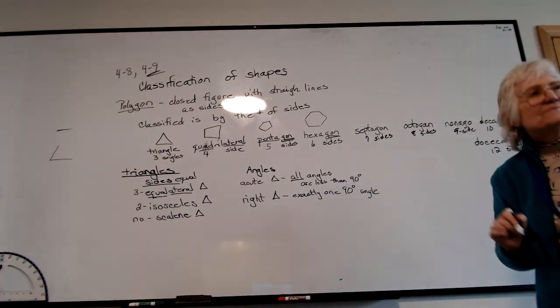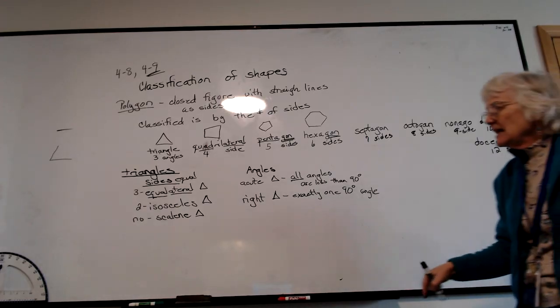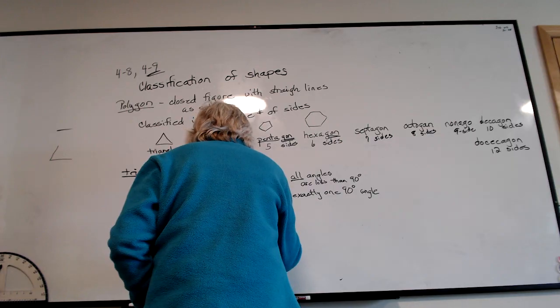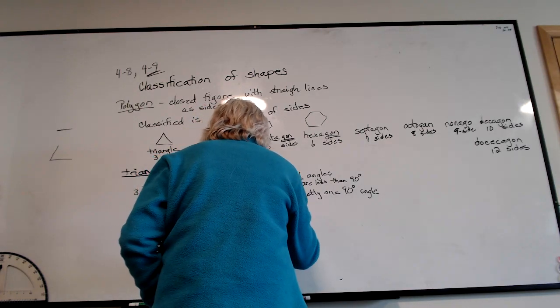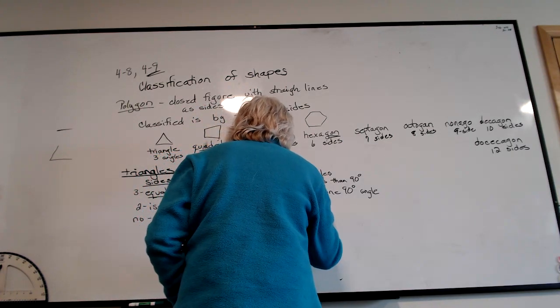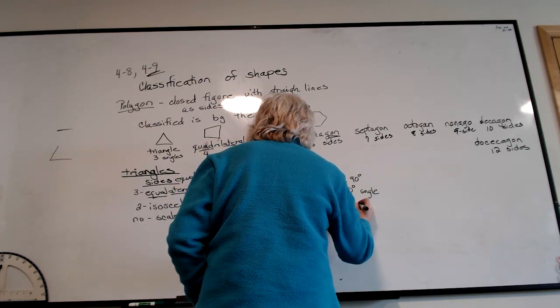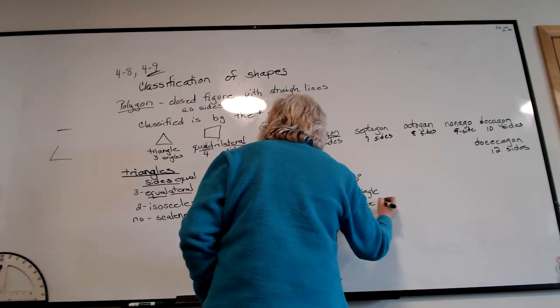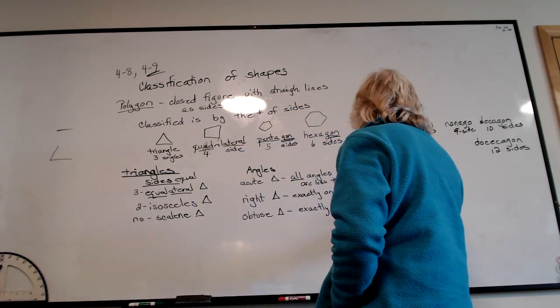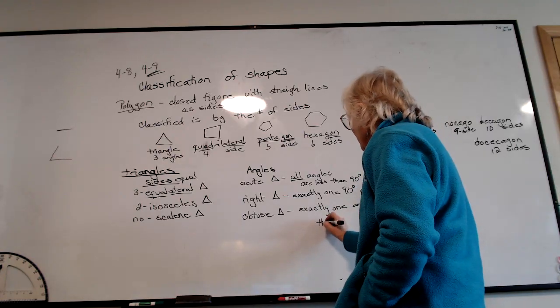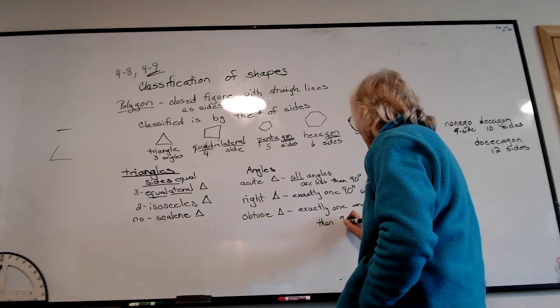Okay. And an obtuse triangle is when you have exactly one angle greater than 90 degrees.